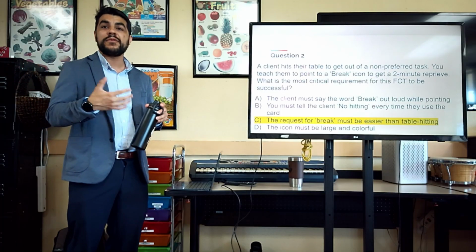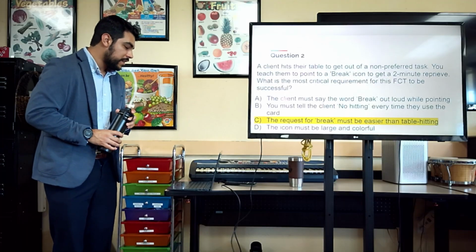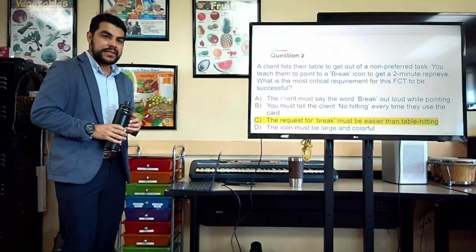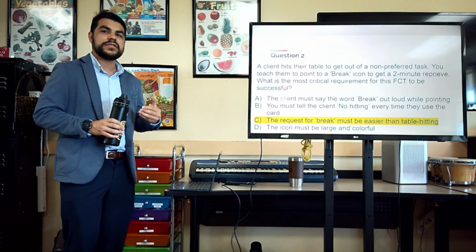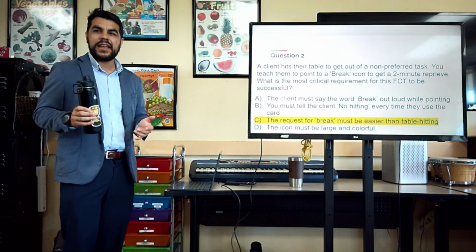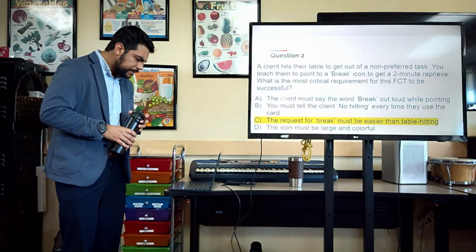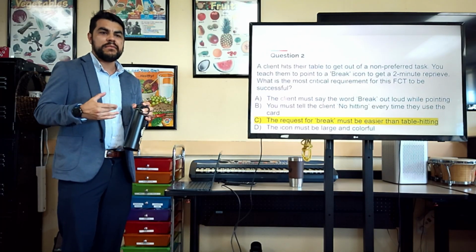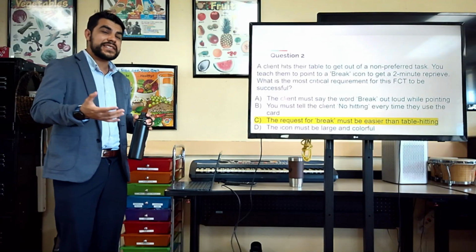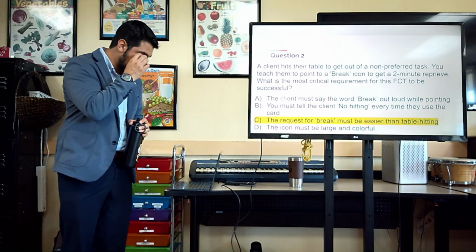As long as they tell us that they want a break, that's what we need. B is also not necessary because, again, this is about teaching them the proper response, not adding some small reprimand. And for D, it might make it easier, but it's not essential, like it is for C.